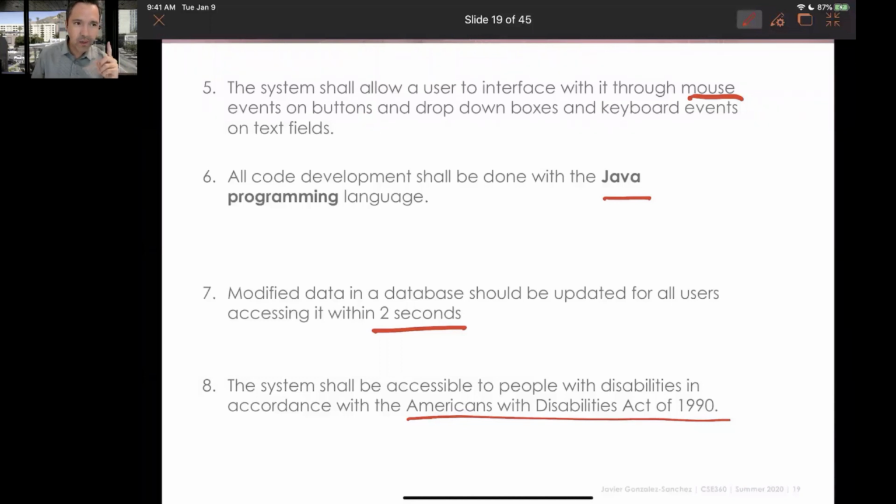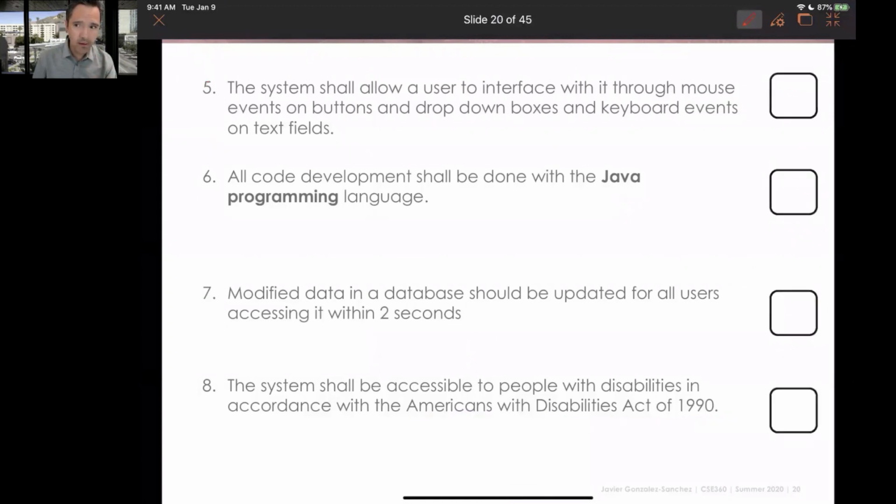The only tricky one, and this could be in your exam, all of them non-functional.